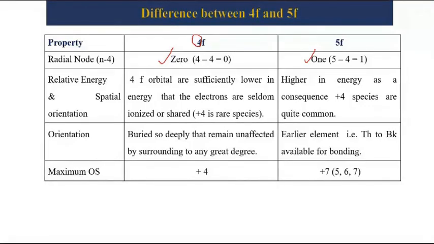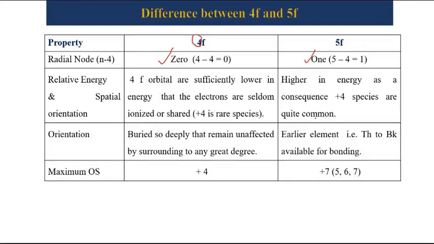Second is relative energy and spatial orientation. I mentioned here that 4f orbitals are sufficiently lower in energy that the electrons are seldom ionized or shared. However, the 5f orbitals are higher in energy, and as a consequence +4 species are quite common.